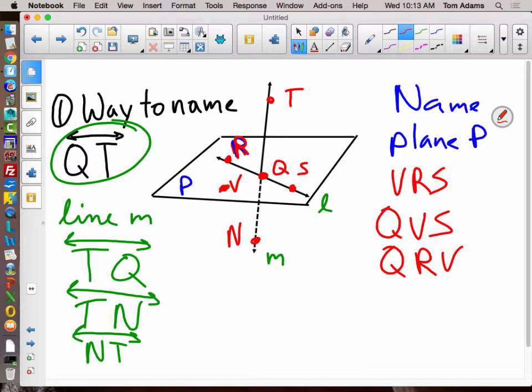Okay? Well, let me think about this. Do we have RQS up there? Do we have SQR? No. Now, Mr. Adams did that subconsciously. Why can't I say RQS? They're in the plane. Yes. Because they're already in a line. Because they're what we call collinear.